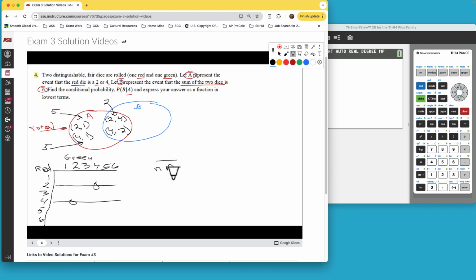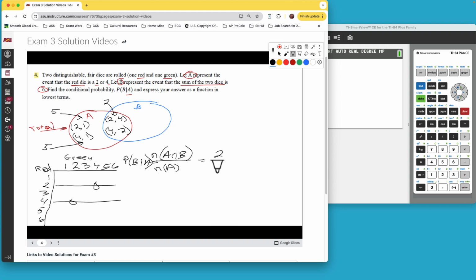Number in A, and then we'll look at the number in A intersect B. If we think back to it, that's what the probability of B given A is equal to. So we can go back to that formula, and that's what we did by our counting.